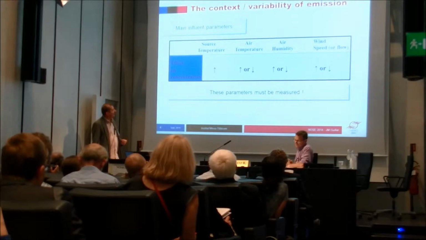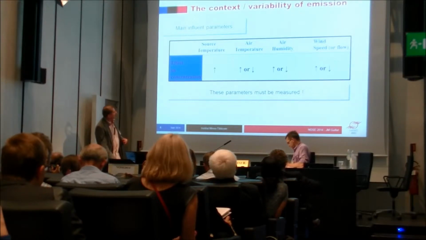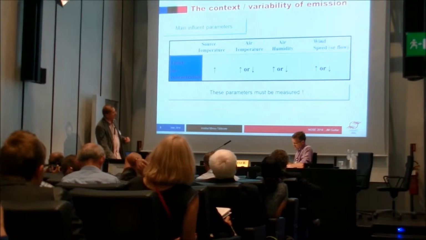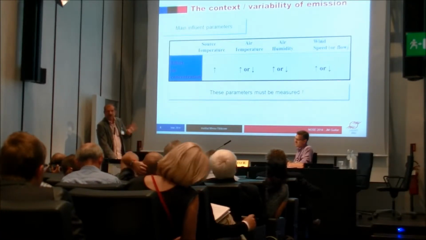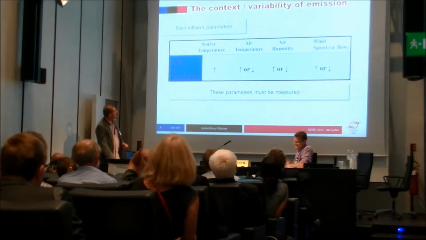And the same effect for air temperature or air humidity can also sometimes limit the transfer. So we can have different kinds of problems with these parameters, but it's easy to measure and then to understand the global behavior of that.